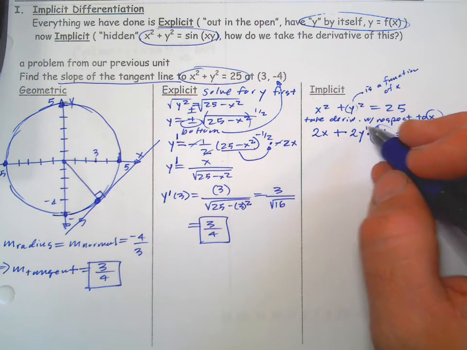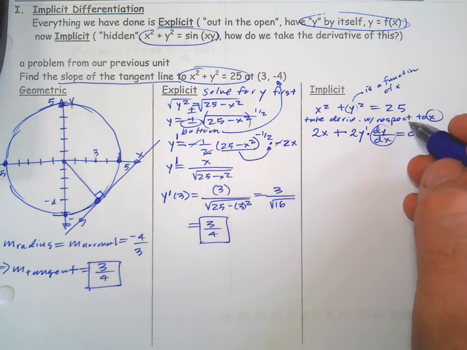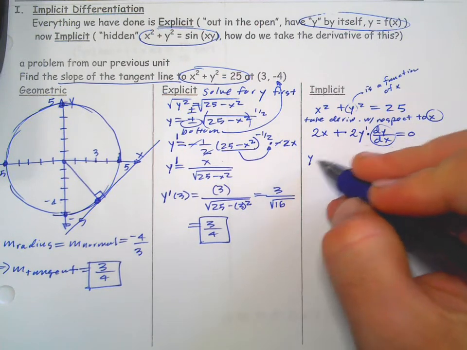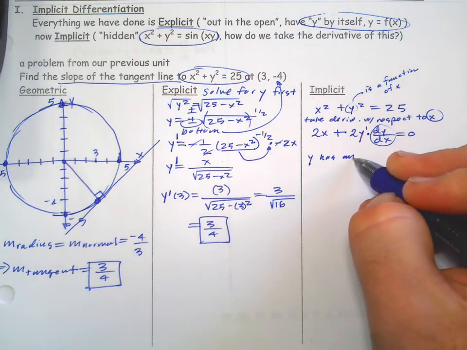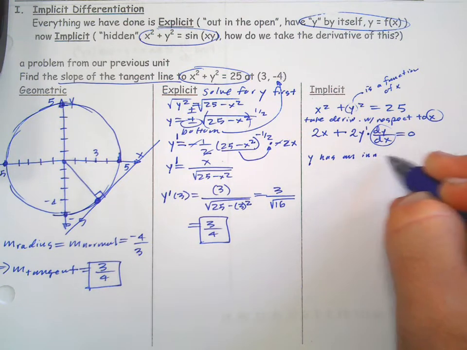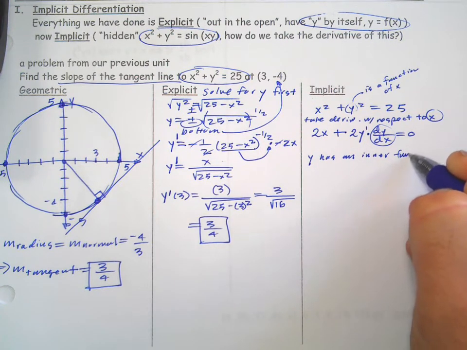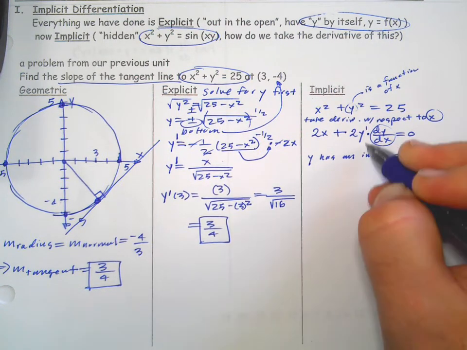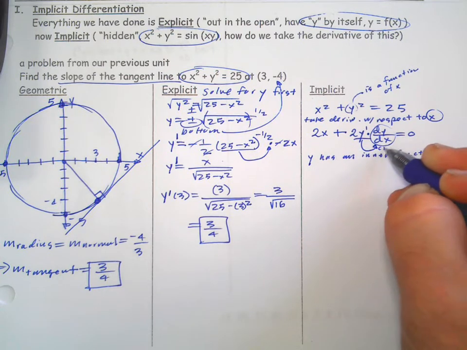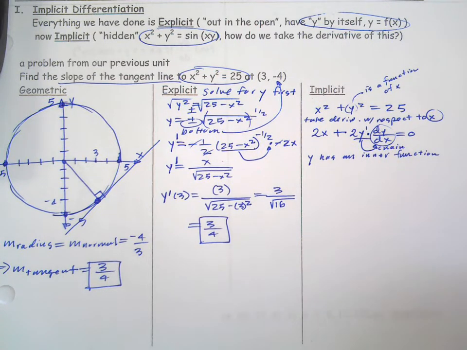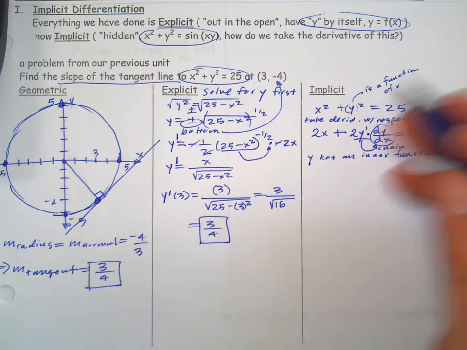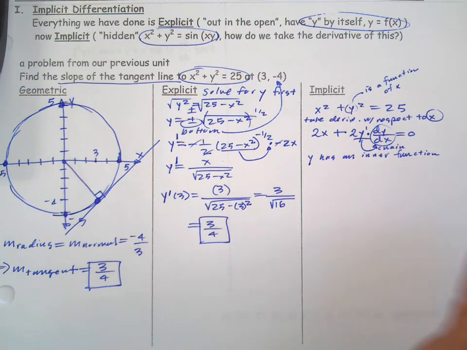Because y has an inner function, we have to do chain rule, just like we've been doing, right? But we just don't know what it looks like, so we just say, well, derivative of y is dy dx. I mean, it is, right?